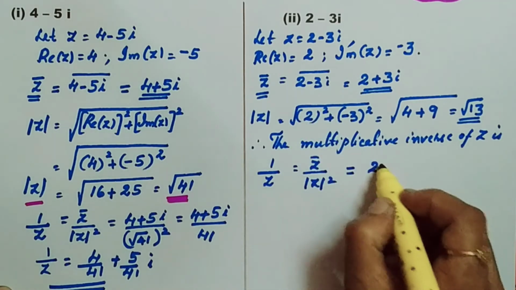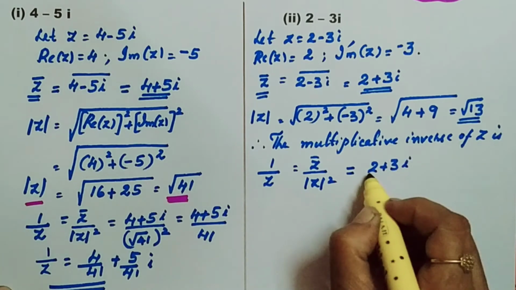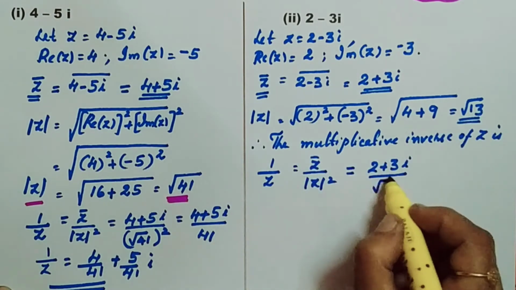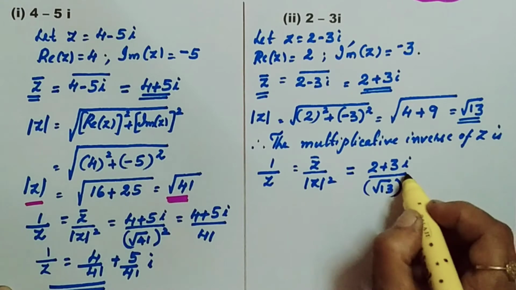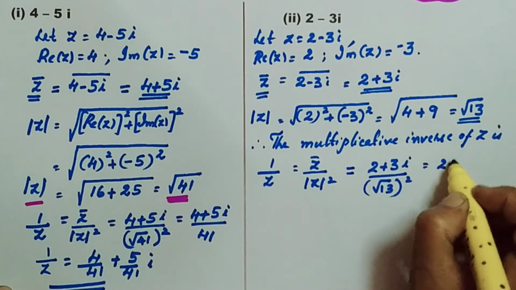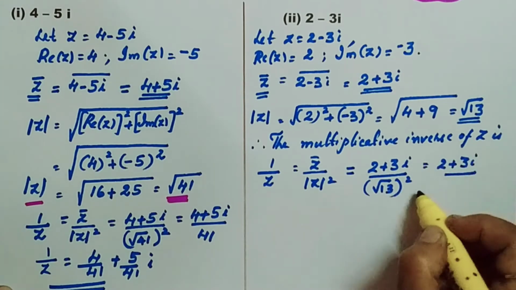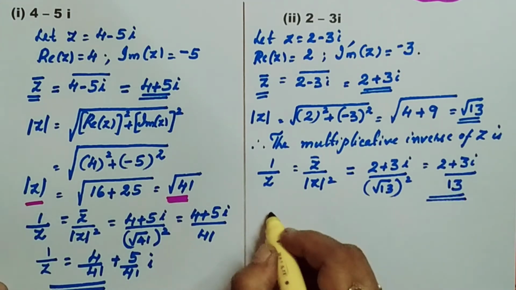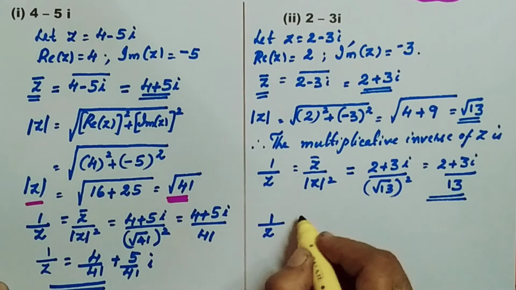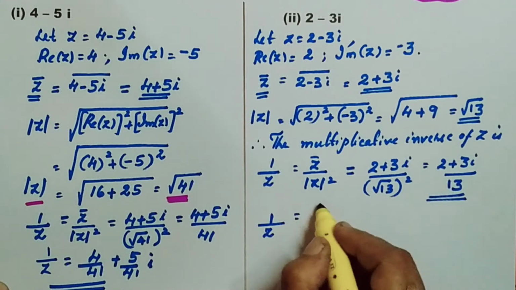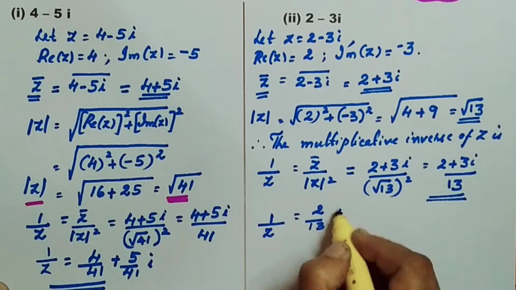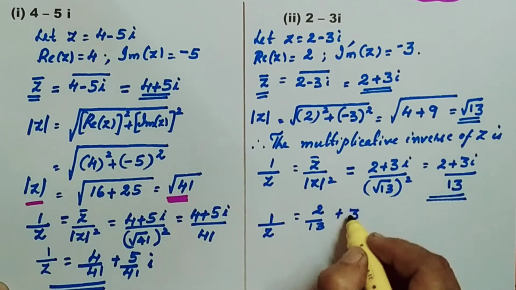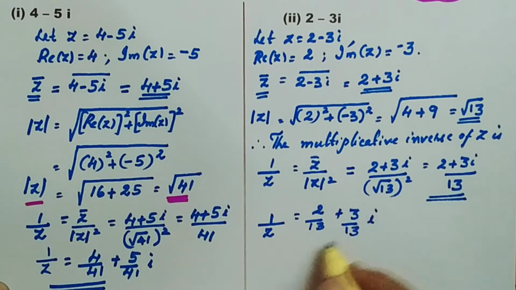Z bar is 2 plus 3i divided by mod z, which is root 13, so its square is 13. This much is enough. If you want, you can arrange it in the form a plus ib: 1 by z equals 2 by 13 plus 3 by 13i, dividing separately. This is the multiplicative inverse of the complex number 2 minus 3i.